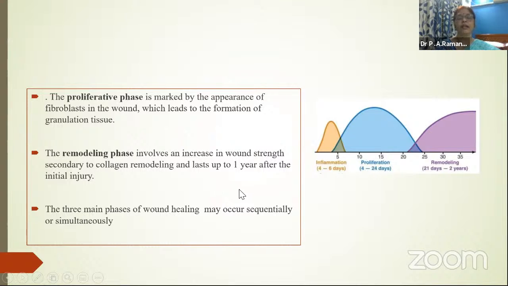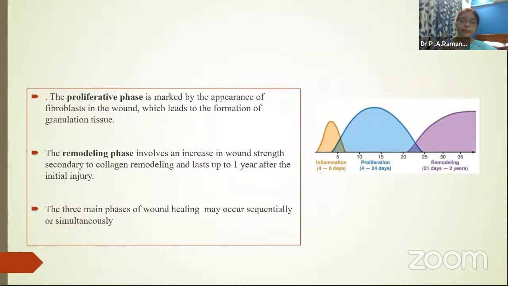So here in remodeling, there is maturation of collagen, contraction of collagen tissue, and also transformation of the collagen that is laid down. In the initial phase, the proliferative phase, collagen type 3 is deposited, while in the remodeling phase this is converted to collagen type 1.